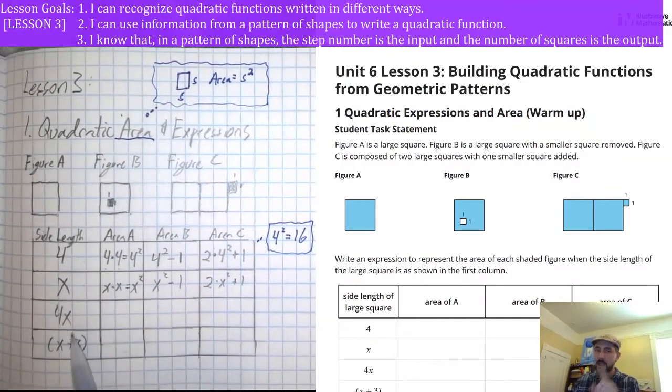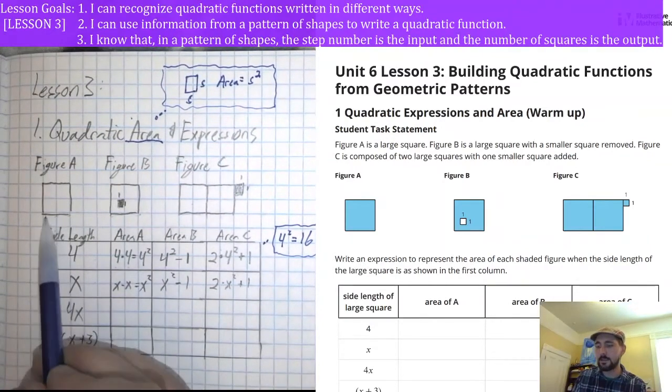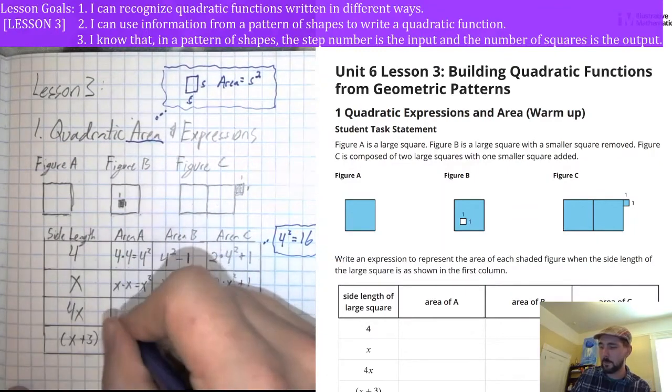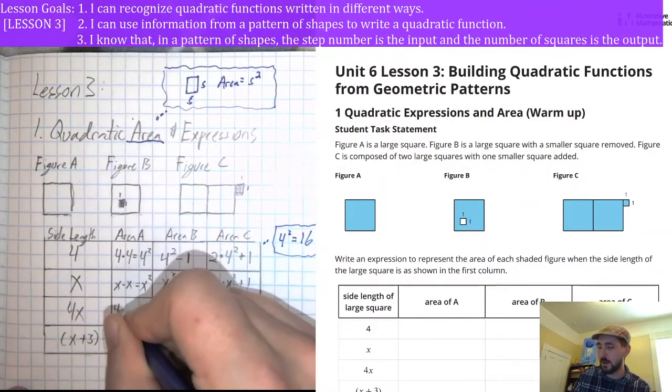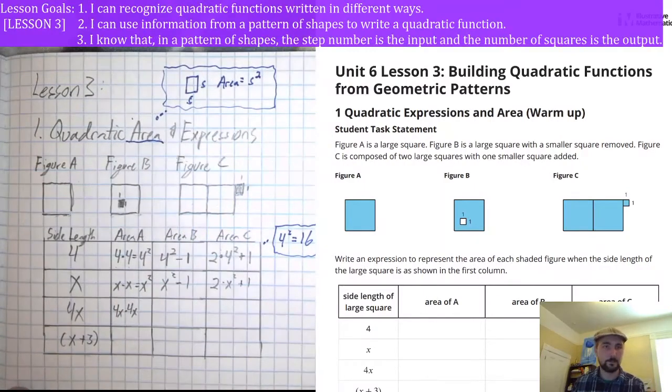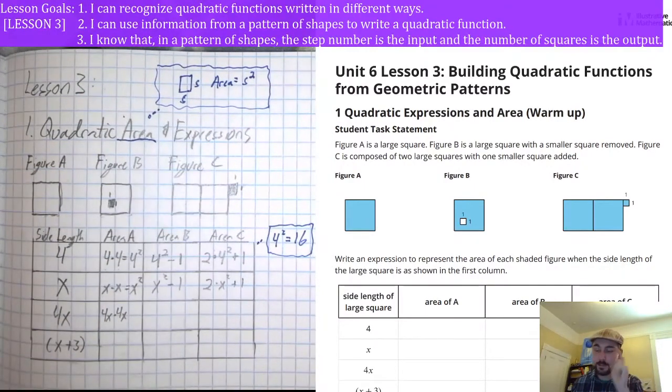Okay, this one, we want to be a little careful because this has to do with order of operations, because now we say the side length is 4x and 4x, which means we have to do 4x times 4x. And you have to think about all of the pieces involved here.